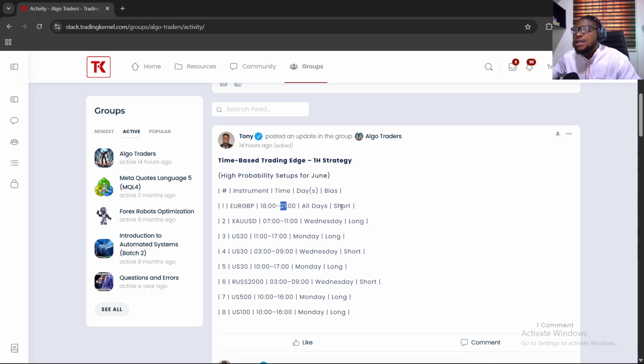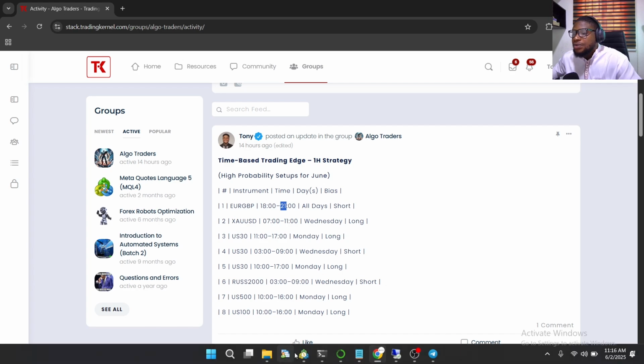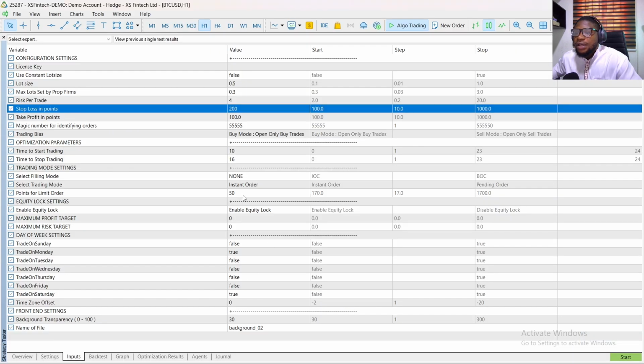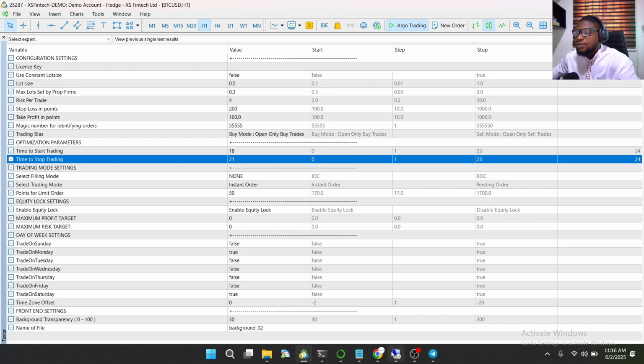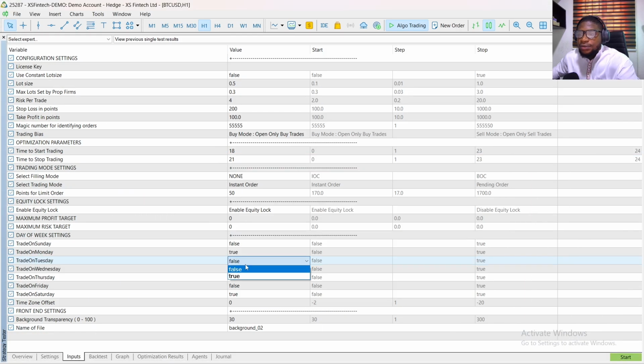Now let's test this out and see how this plays out in 2025. I'm just going to head over to my MT5 and change the start time to 18 and the stop time to 21. We're going to trade on Monday, Tuesday, Wednesday, Thursday, and Friday, and change our bias to sell mode.